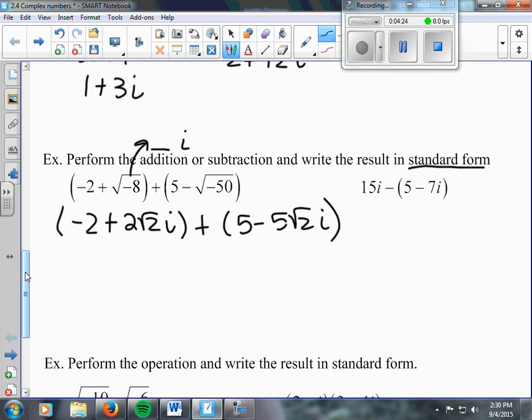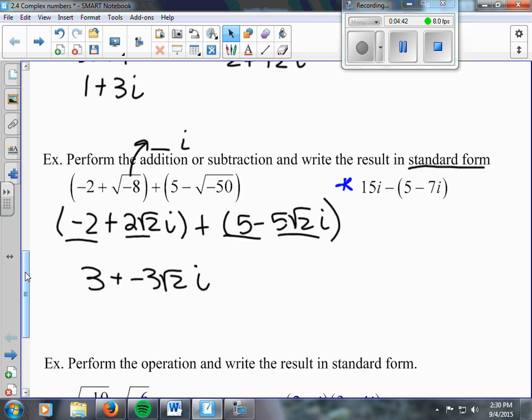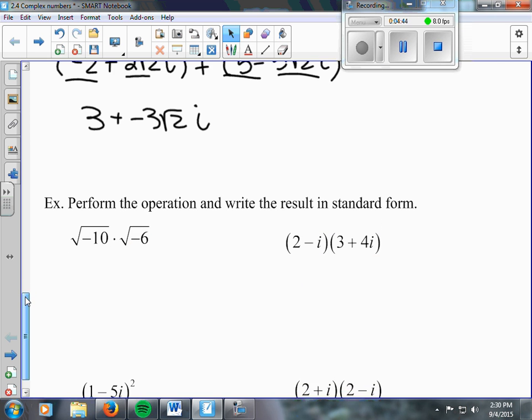Now to add them, you add the real parts, and then you add the imaginary parts. Over here in this example, I will leave this one for you to do. It's very simple. Just don't forget to distribute that negative and then collect like terms.